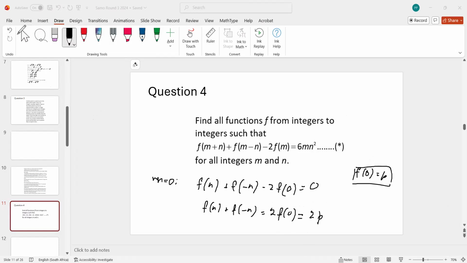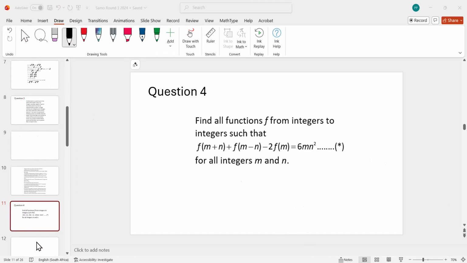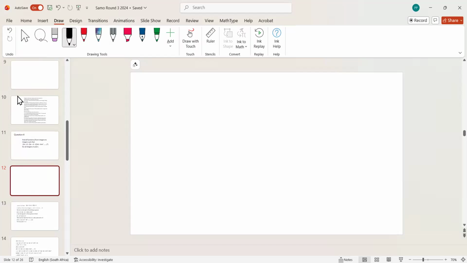Okay, I want to get onto a new page, which means I'll have to clear out all these drawings. And we had this f of n plus f of minus n equals 2p.